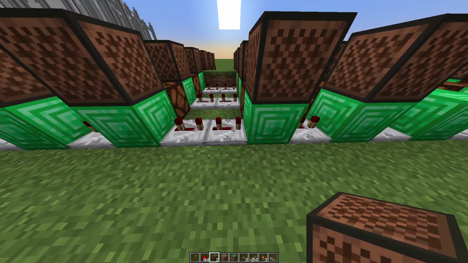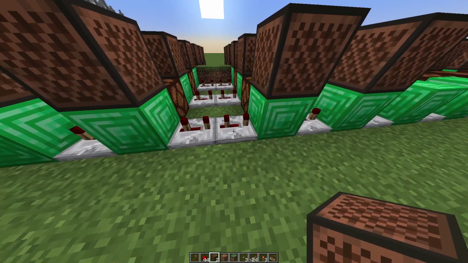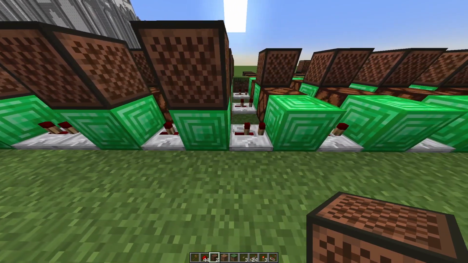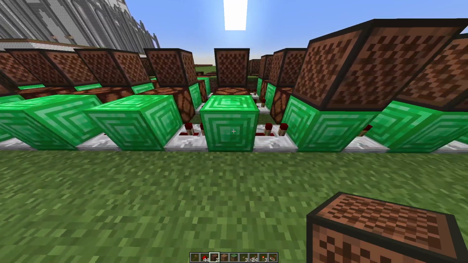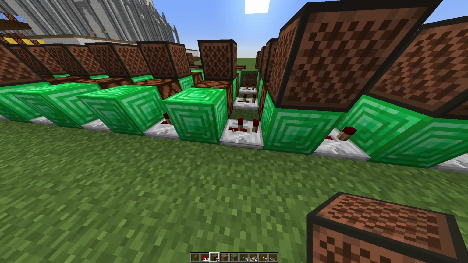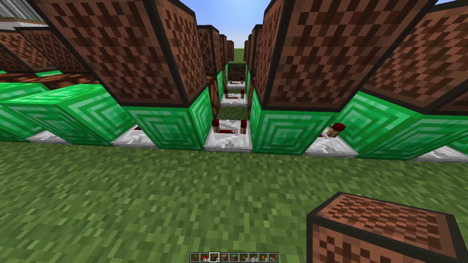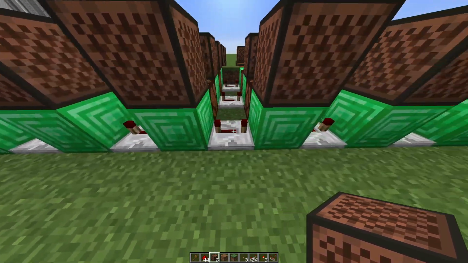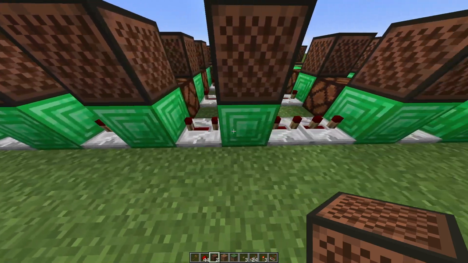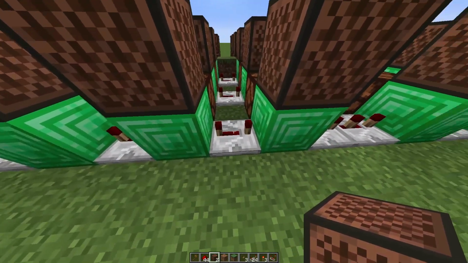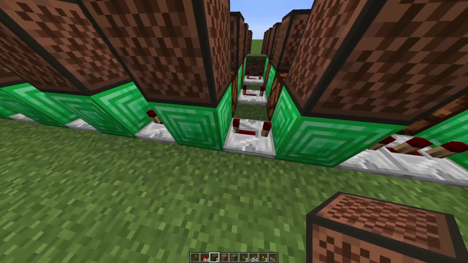Then you're going to have 2 repeaters set to the second from last delay, followed by 5 with a single delay, a single click. Followed by 12 with a double, a single repeater all the way set to full delay.